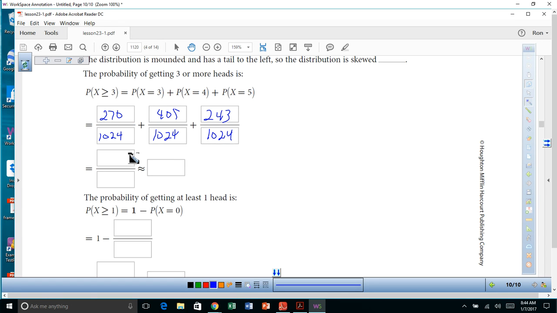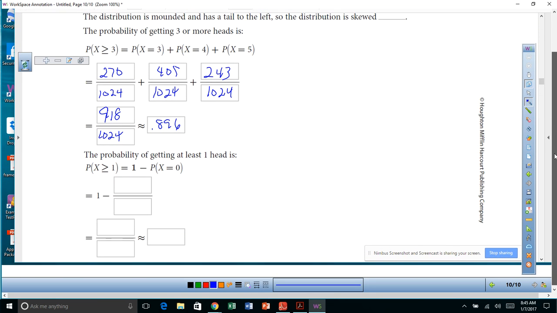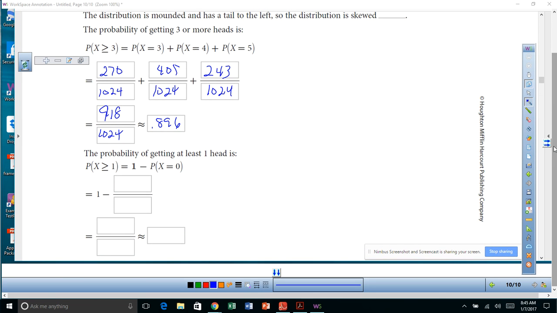So if you add those 3 up, you get 918 over 1,024, which is approximately 0.896.